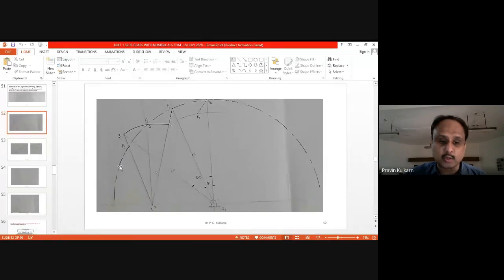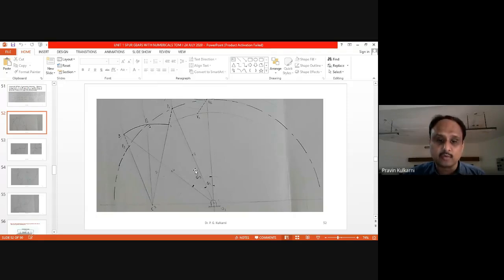Module is 10, so dedendum will be 10 into 1.25, that is 12.5. So PCR is 100 minus 12.5, so the radius of this will be 87.5 millimeter. Is this okay? I repeat, addendum circle, outer circle, will be 110 millimeter. PCR will be 100 millimeter. Dedendum circle radius will be 87.5 millimeter.